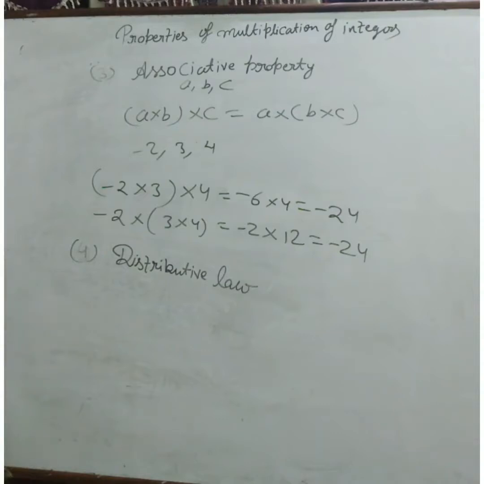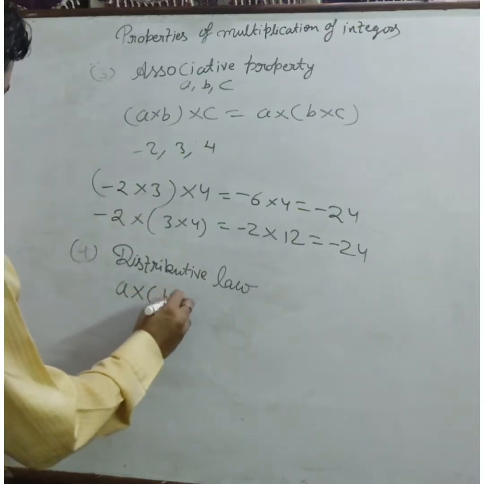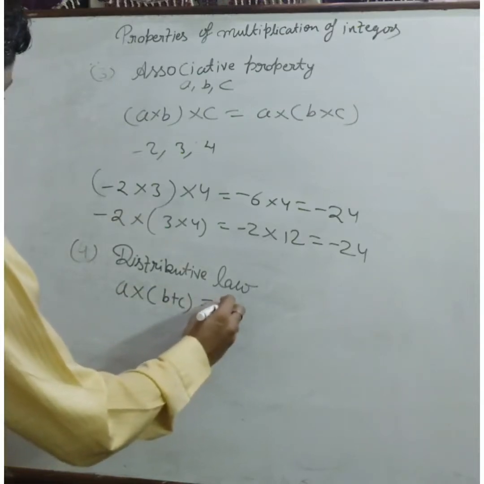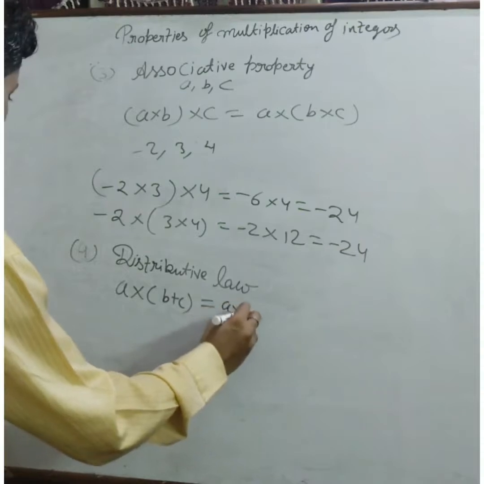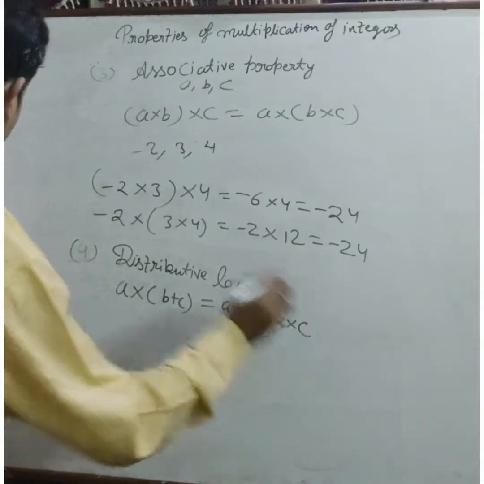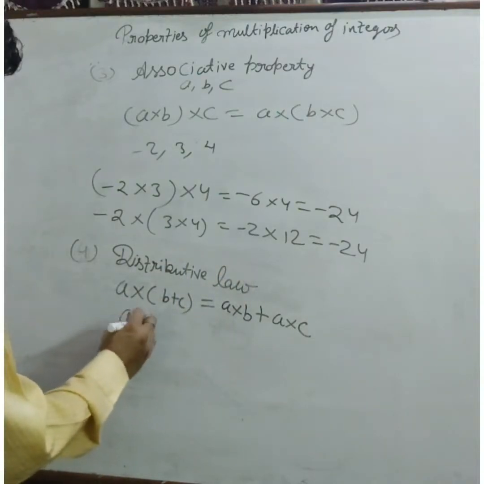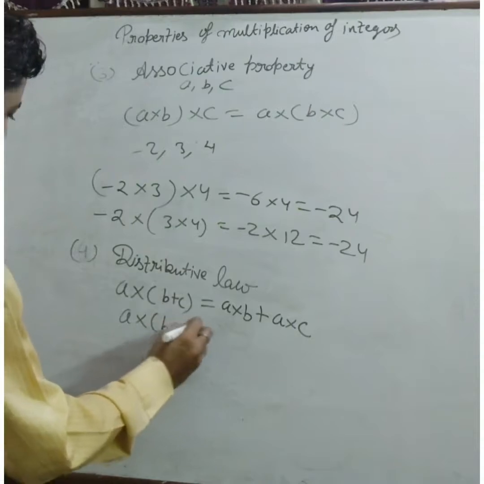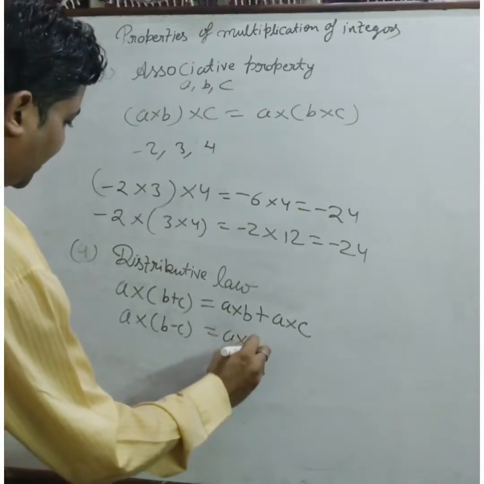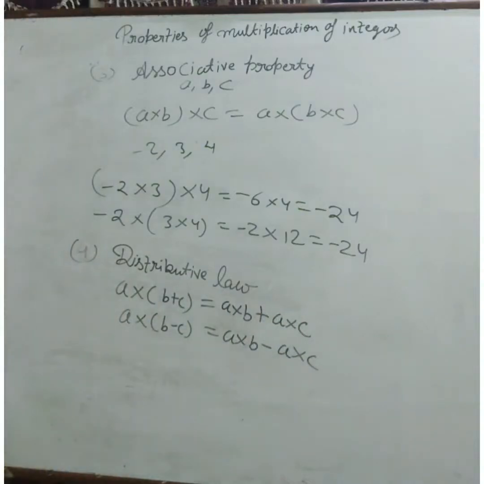If the three integers are a, b and c, then a multiply (b plus c) is equal to a multiply b plus a multiply c. And a multiply (b minus c) is equal to a multiply b minus a multiply c. That is called the distributive law.